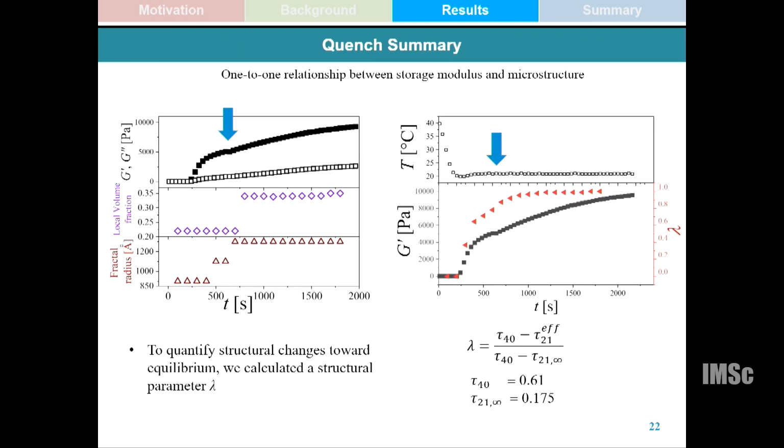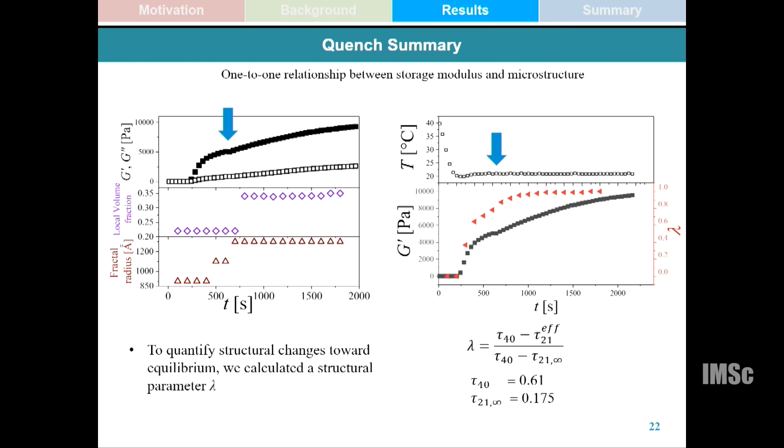Using the fitting parameters, we are able to get a relationship between how the rheological parameters vary and how the fitting parameters of the scattering study vary. At the time where the rheology shows a transition, we have a sudden change in the local volume fraction from 0.2 to 0.35, and it matches well with the scattering study.